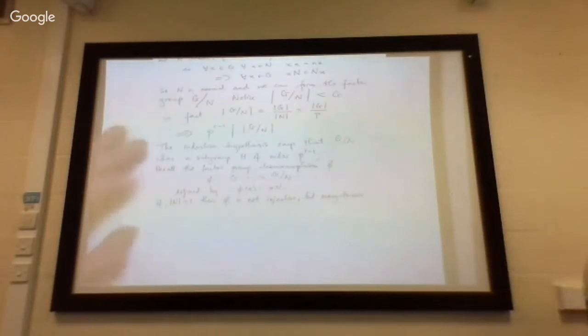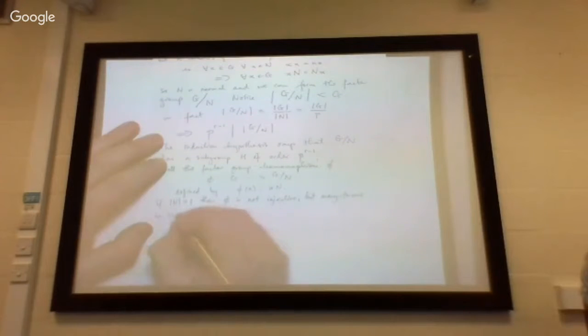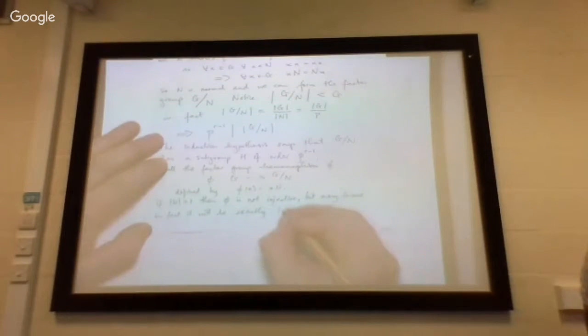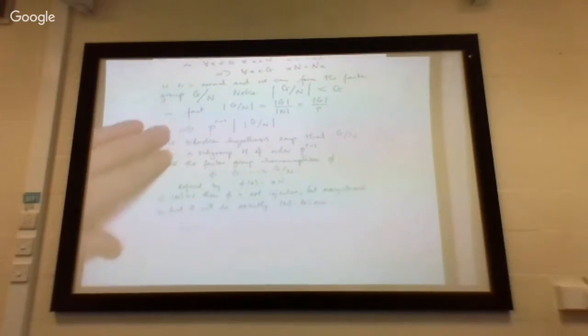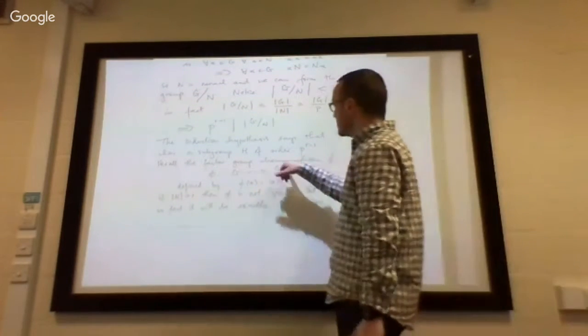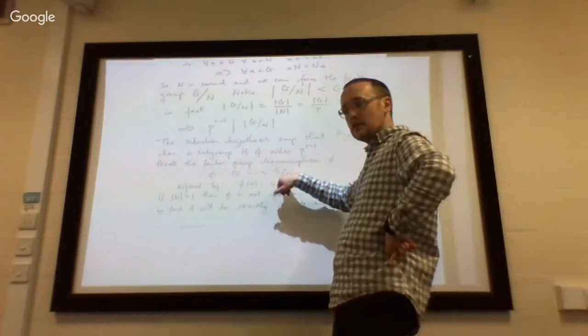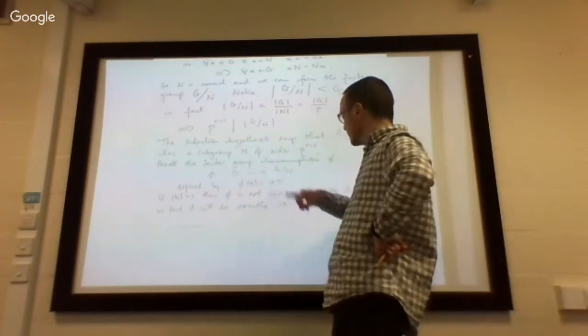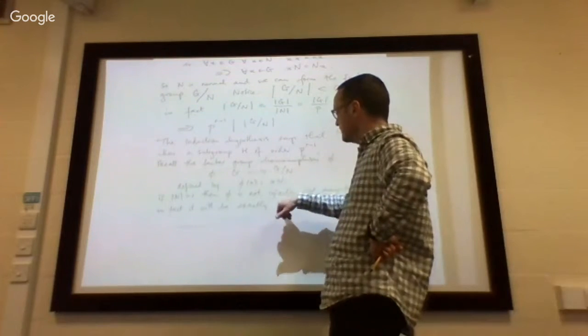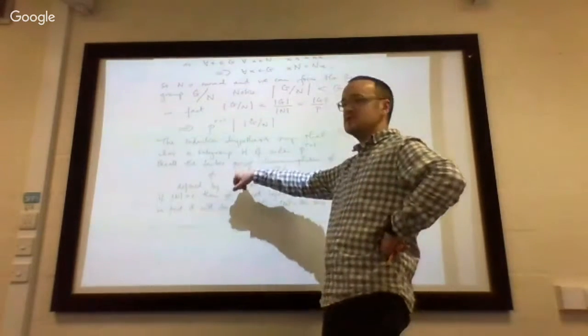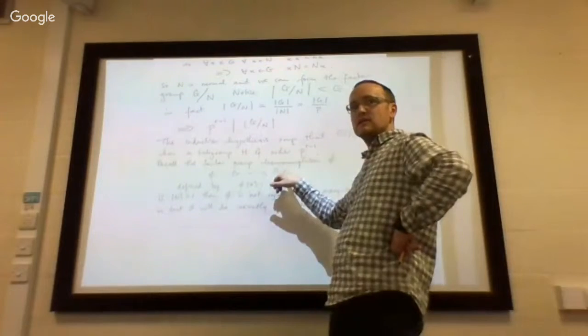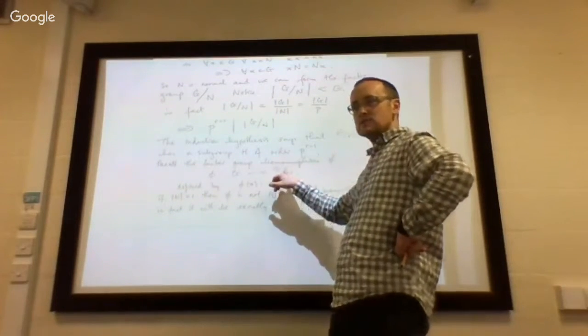In fact, it will be exactly the size of N to 1. Meaning that for any particular coset in the factor group, there will be the size of N different elements in G that get mapped to that by the quotient homomorphism.